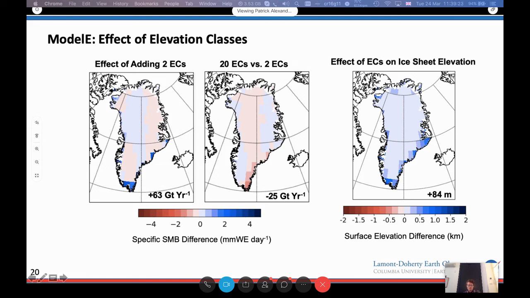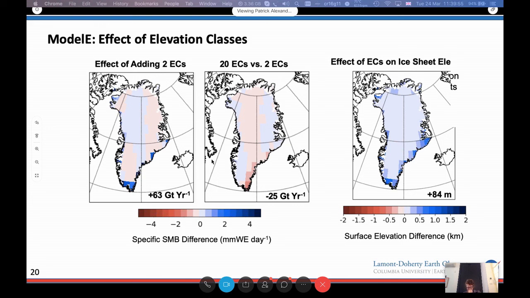Then when we add more elevation classes, we actually don't see much of a difference. So there's a slight decrease in surface mass balance, probably due to nonlinear effects of adding these elevation classes. But overall, the effect is pretty small.